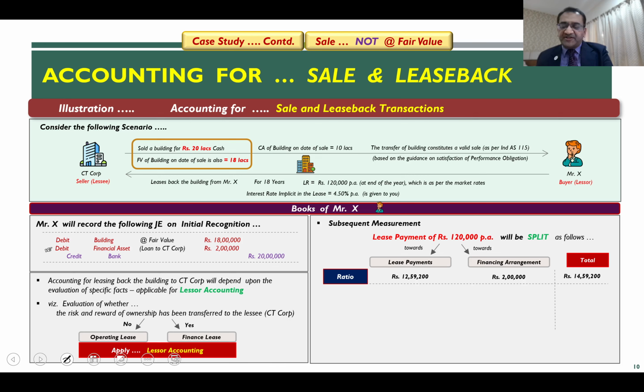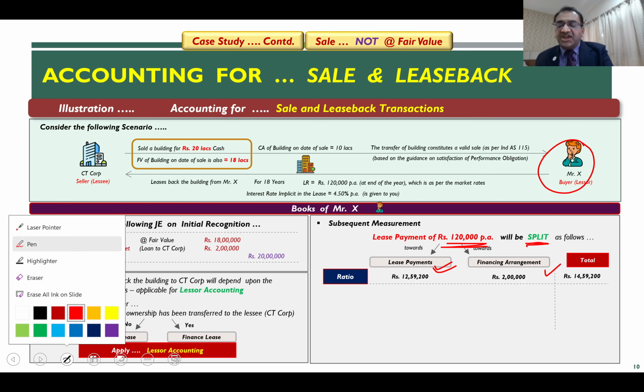Subsequently, if it's a finance lease, this party is receiving a total of 1,20,000 as the annual lease rental. Now, this 1,20,000 needs to be split between what relates to the financing arrangement of 2 lakh rupees and what relates to the lease payment itself.